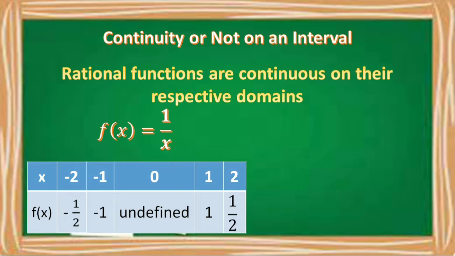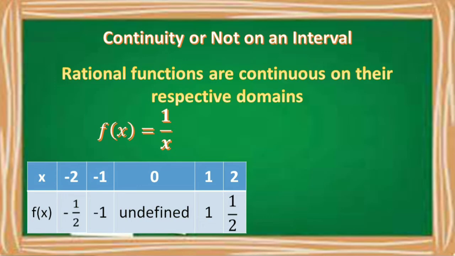If x is 1, then f of x is 1 because 1 divided by 1 equals 1. If x is 2, then f of x is 1 half because 1 divided by 2 equals 1 half.